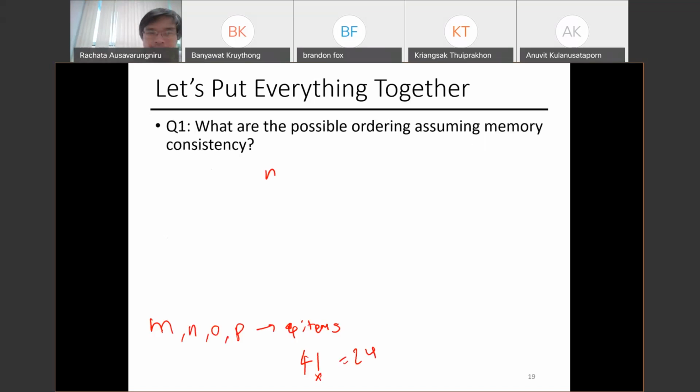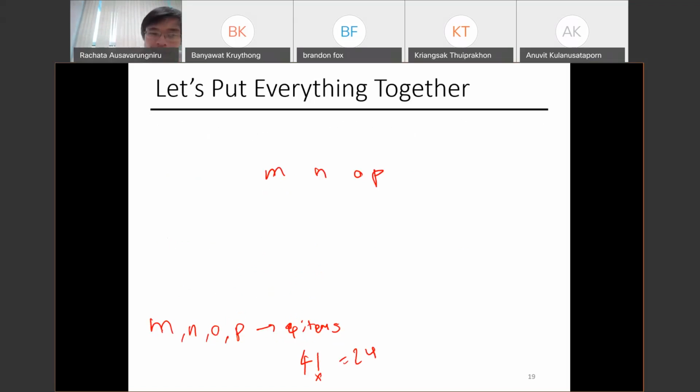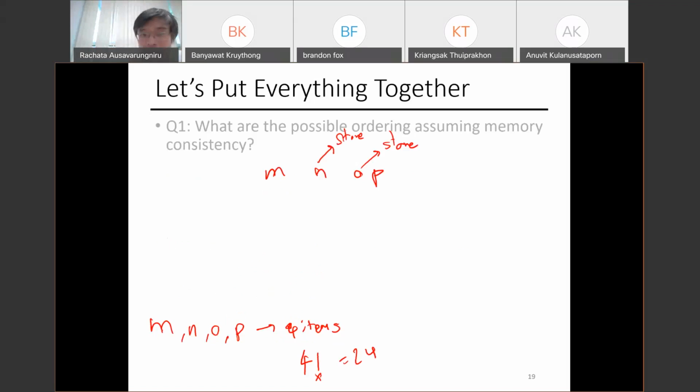M, O, P. If you go back one more, where are the stores? Stores are N and O, right? So if you have to put in a memory fence, which orderings between these operations do you have to be really careful about? N and O are stores, M and P are loads.